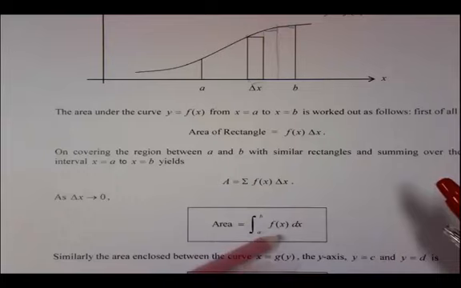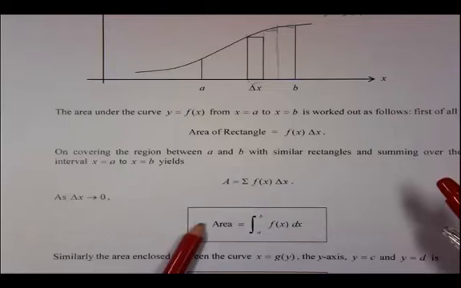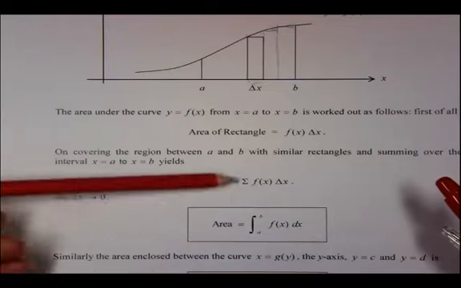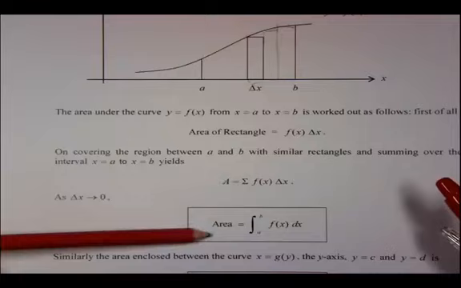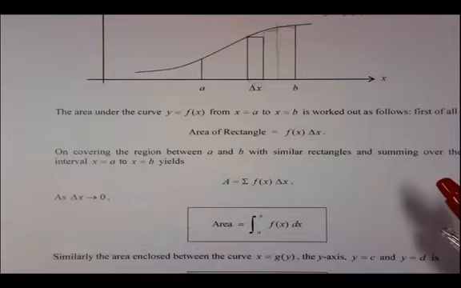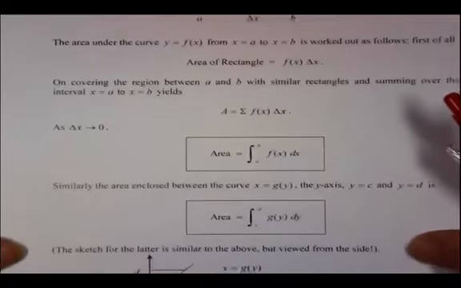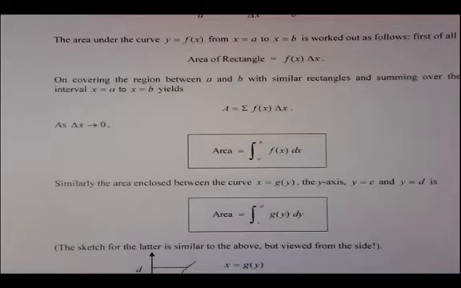It's amazing that it works out to be: you work out the antiderivative of f, put b in, put a in, subtract the two, and that's the area. So the limit of our sum is the integral. That's how we can calculate the area.